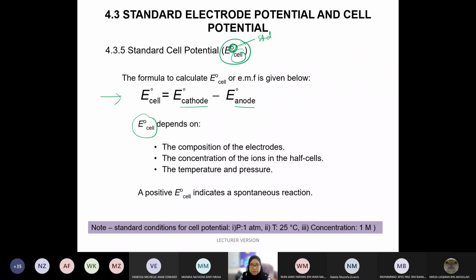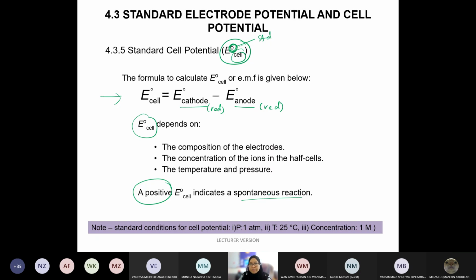Because this is actually in reduction form, which is the same as what we have in the SRP punya table. So if you got the E naught cell value positive, it indicates that the reaction is a spontaneous reaction.